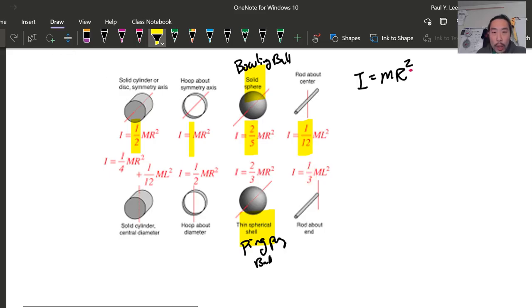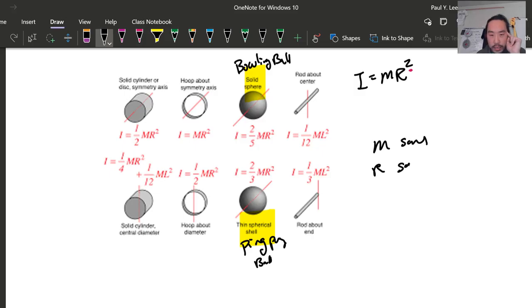So if I were to ask you, let's say we have two objects, a solid sphere and a thin spherical shell, but the m is the same and the r is the same, which one has more rotational inertia? What you're actually looking at is this numerical constant that's in front of it.